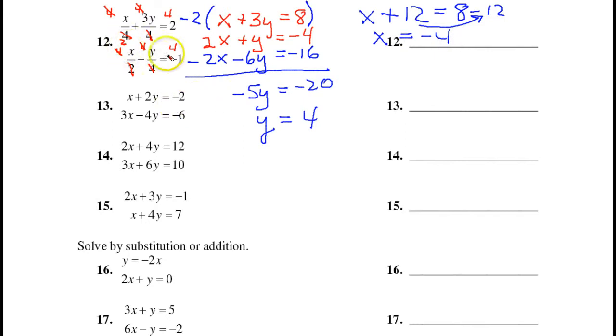So for number 12, my ordered pair is going to be a negative 4 and a 4. And if I were to put that into my original equations, that would do it.